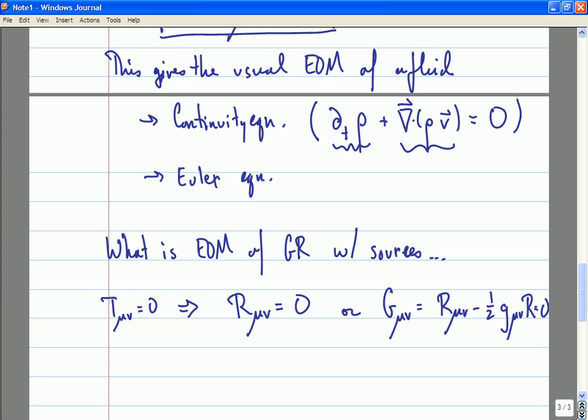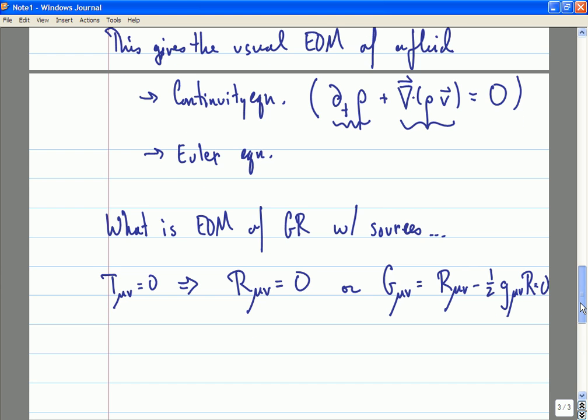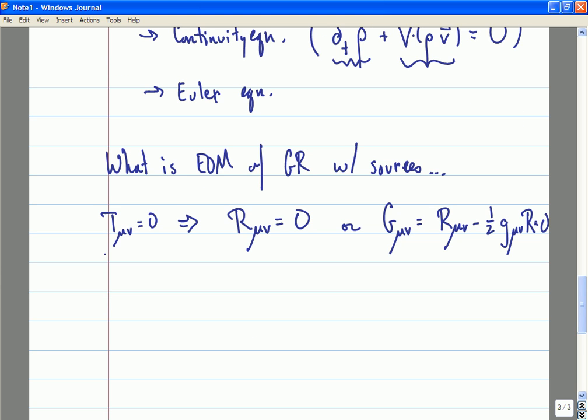So the question then is, what is the correct equation of motion when T mu nu is not equal to 0?